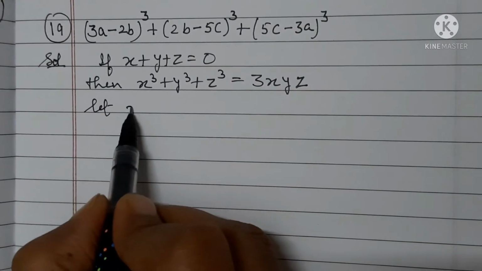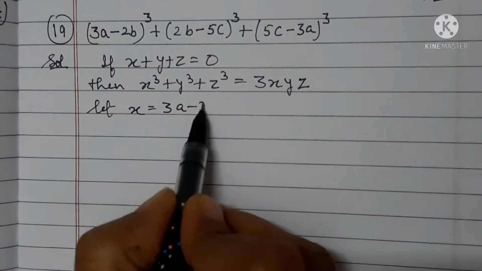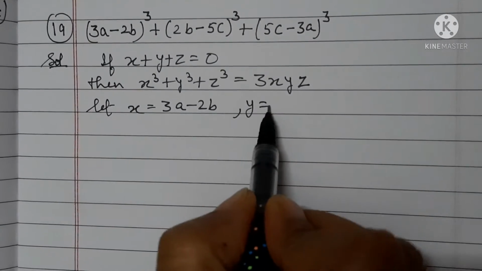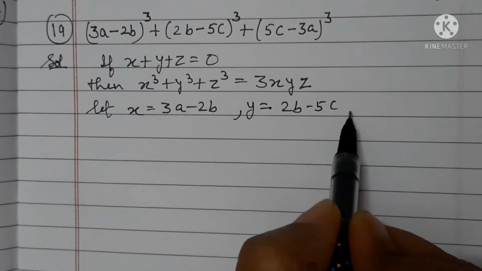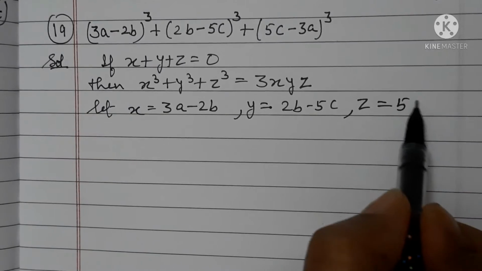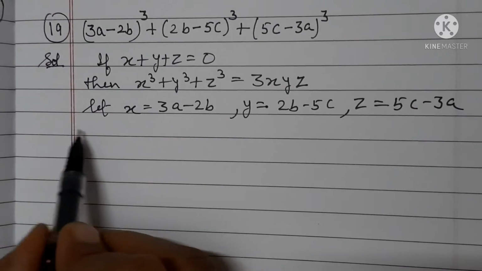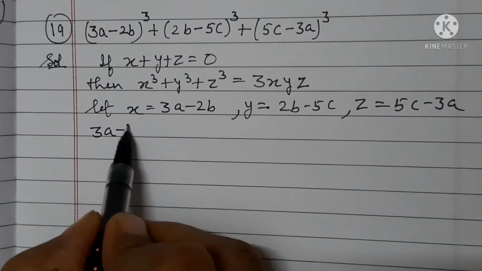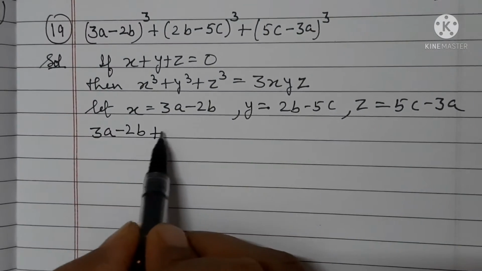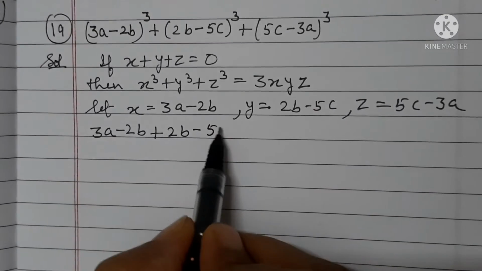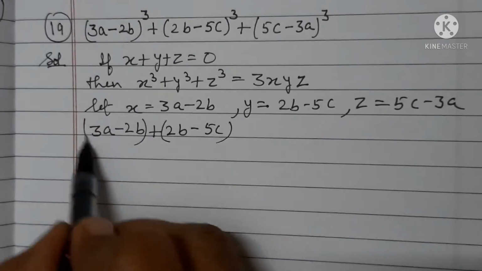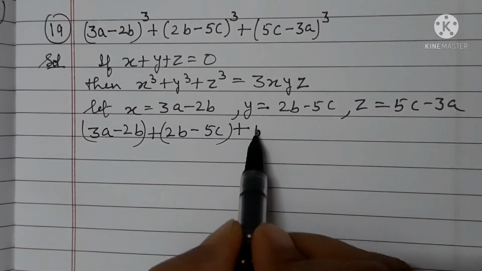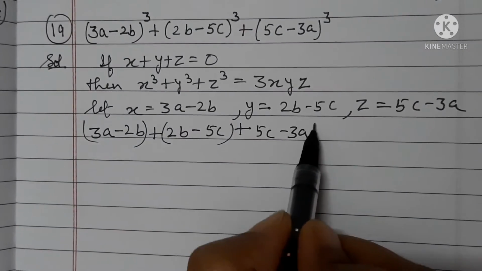Let x is equal to 3a minus 2b, y is equal to 2b minus 5c, and z is equal to 5c minus 3a. Now x plus y plus z means 3a minus 2b plus 2b minus 5c plus 5c minus 3a.